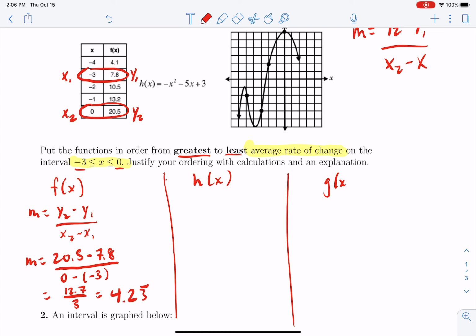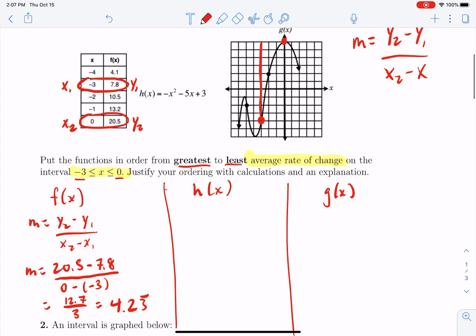All right, so g of x is my graph. I'm going from -3, there's -3 there, to 0. All right, so my rise, remember, is my vertical change. So again, we're doing the same thing, average rate of change, y2 minus y1 over x2 minus x1. But because this is a graph, I can think of that as rise over run.